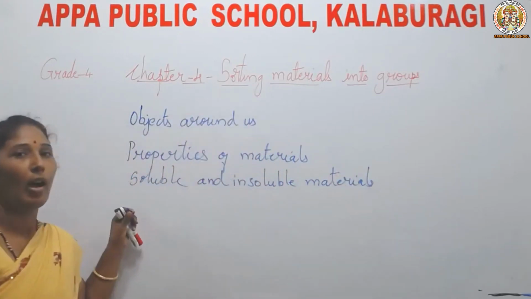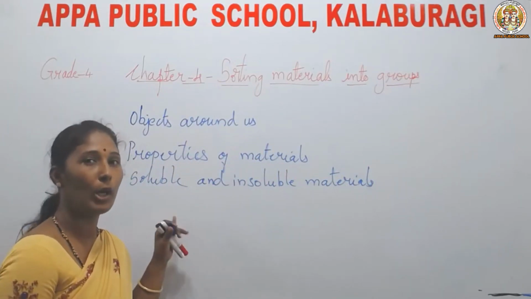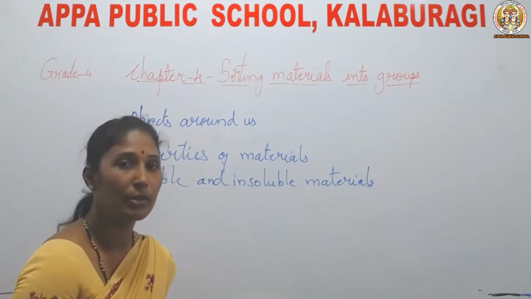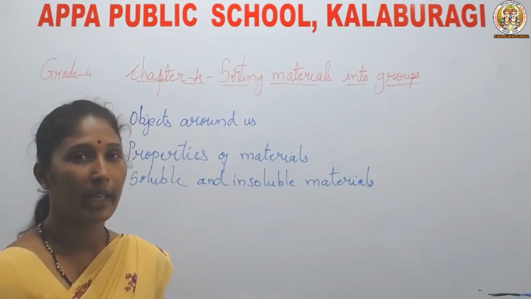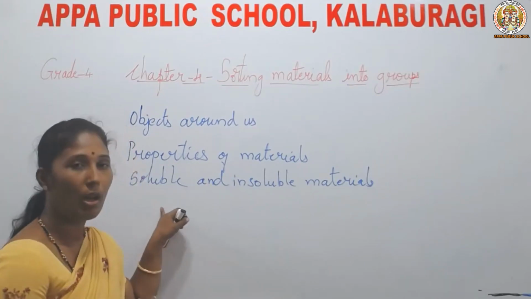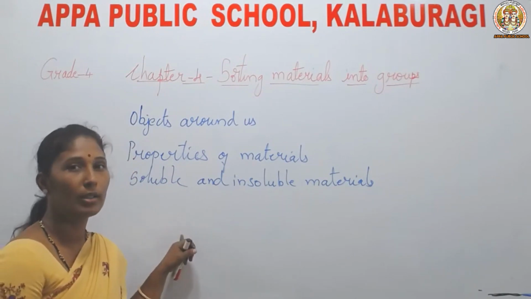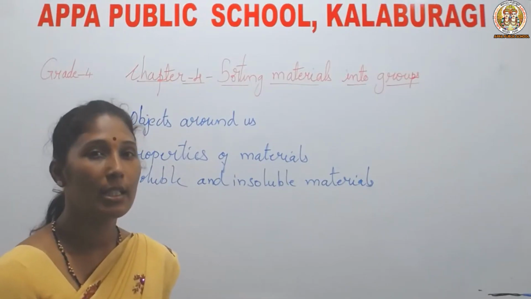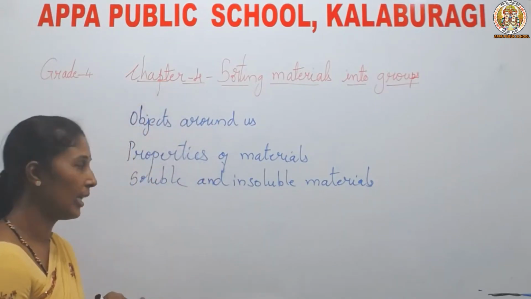I hope all of you remember this topic. So what is soluble? Those objects or materials that easily dissolve in water are called soluble substances. Examples are sugar, salt, cocoa powder, and soda, which completely dissolve in water. Such materials are called soluble materials.